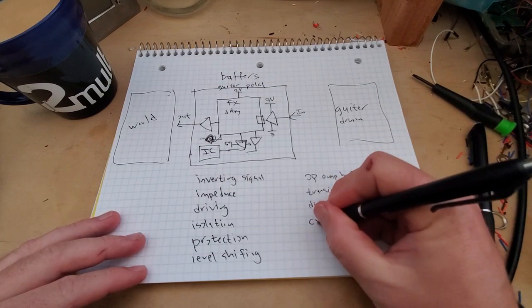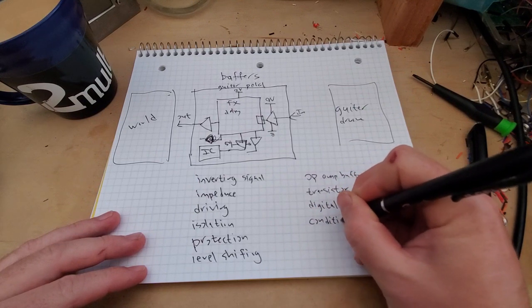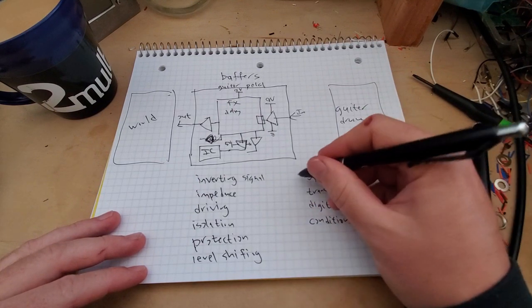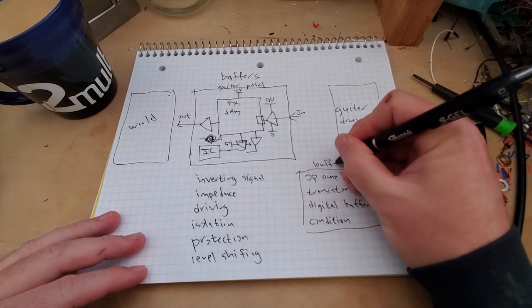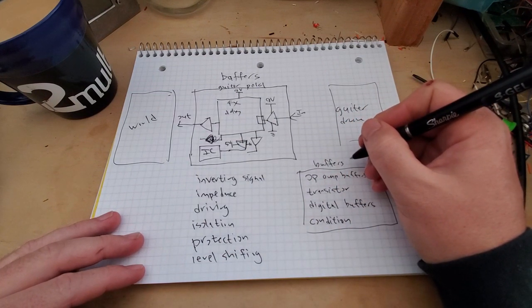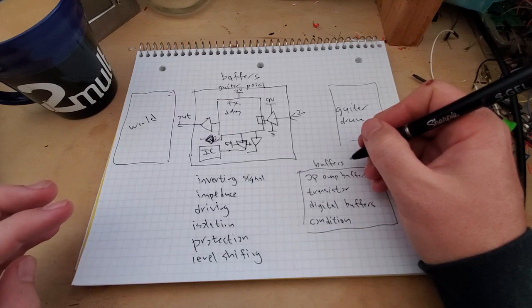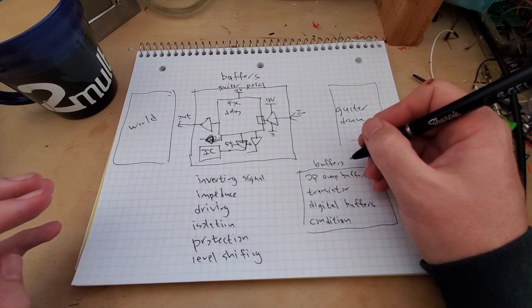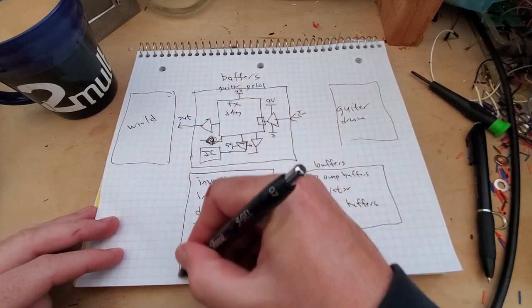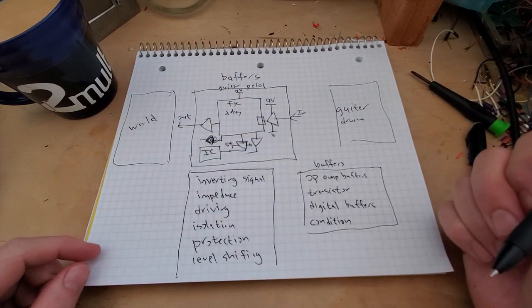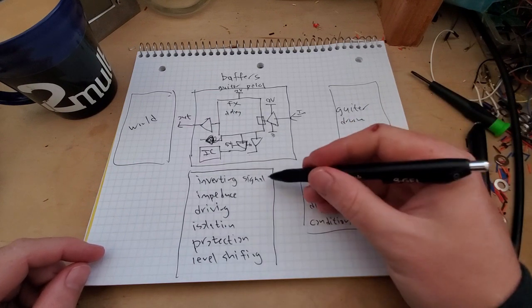Some you can also do for signal conditioning, I think. But if you want to look up different topologies of buffers, there are a lot of good resources out there. And I think that's it. Just this whole checklist.